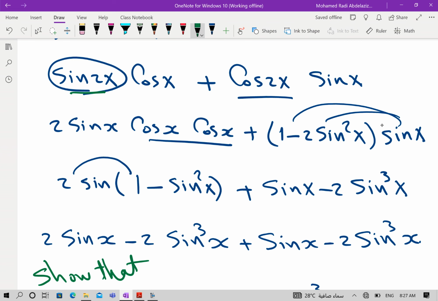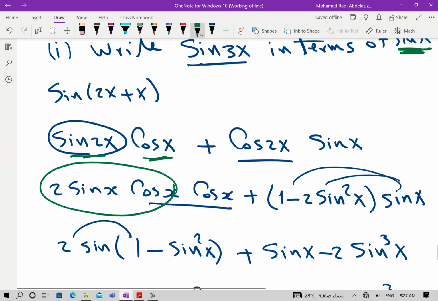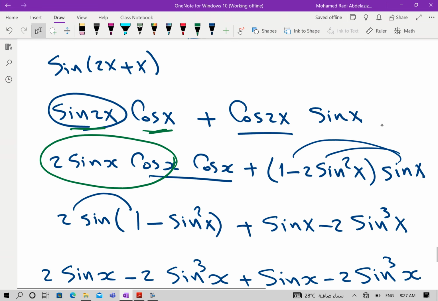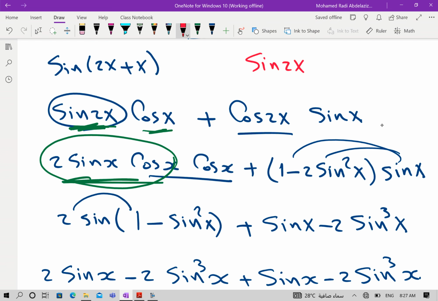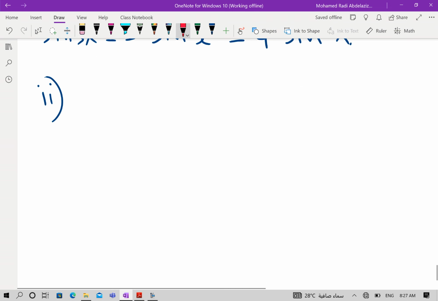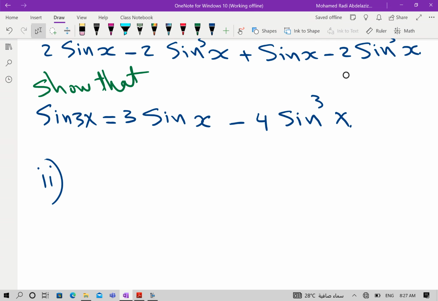Sine 2x, remove it and write 2 sine cosine, which is the identity. Sine 2x is 2 sine x cosine x. Cosine multiplied by cosine is cosine squared, but remove it and write 1 minus sine squared. Then simplify and get this answer.